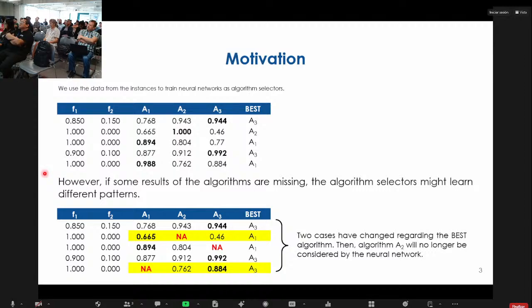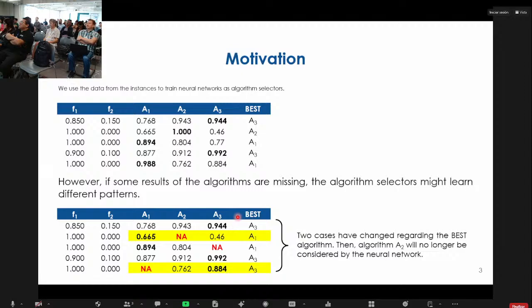However, if the results of the algorithm are missing, the algorithm selector might learn different patterns. This is the example where we add new missing values. Two cases have changed from the complete table to this one below.